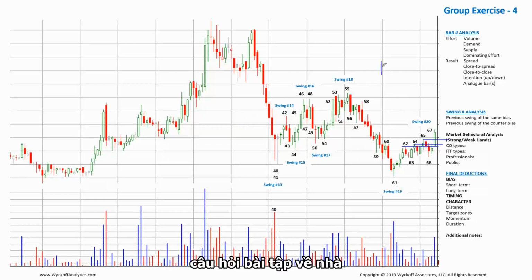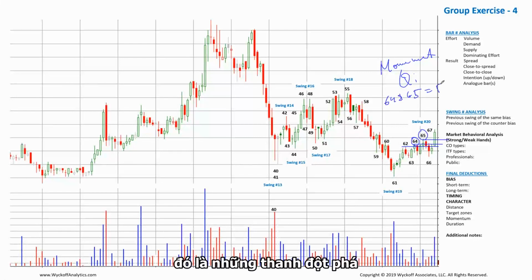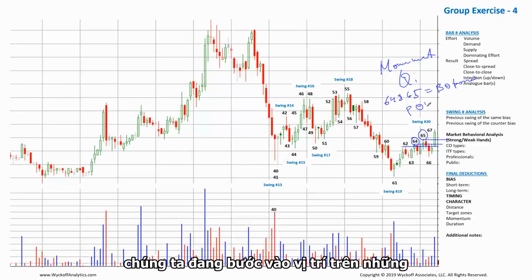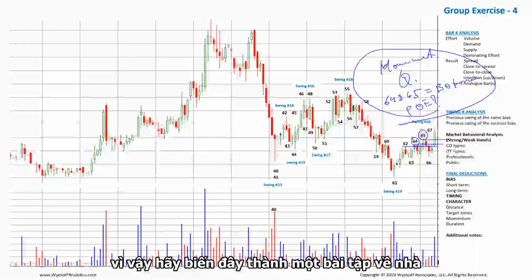But the homework question is going to be this. I'm extremely interested in bar number 64 and 65. Those are the breakout bars. Are we entering the position on these bars or not? So let's make this a homework.